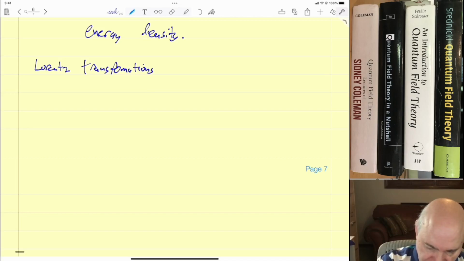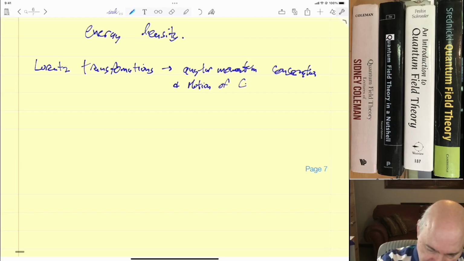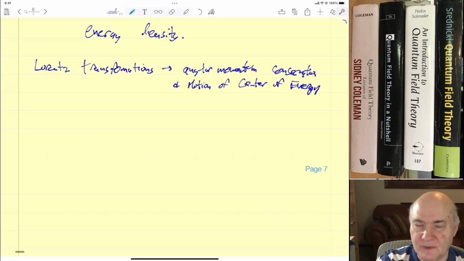And this will end up leading to angular momentum conservation and motion of the center of mass. Motion of center of energy. When we treat things relativistically, we don't calculate the center of mass, we calculate the center of energy.